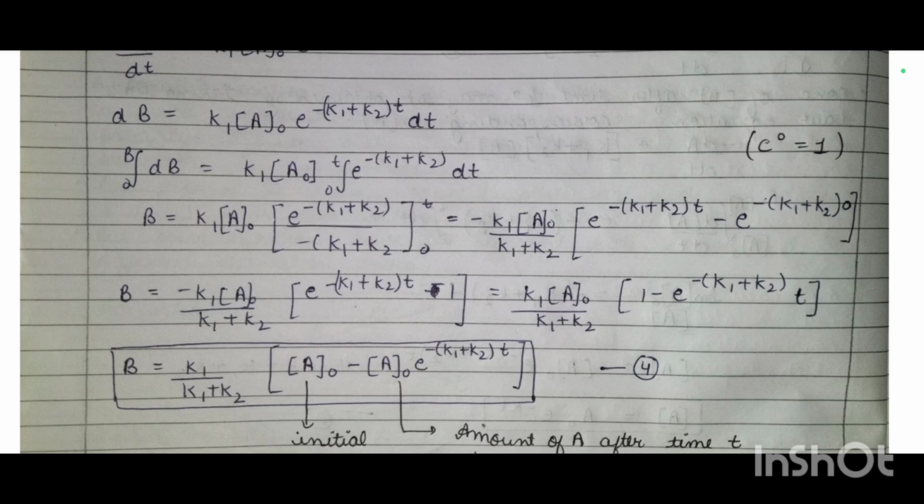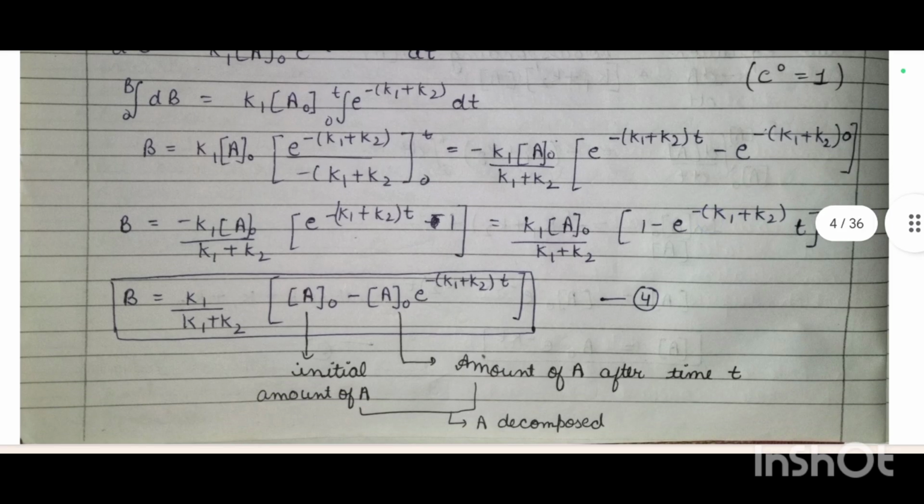So the concentration of B is equal to k1 divided by (k1 plus k2) multiplied by [A naught] minus [A naught] e to the power minus (k1 plus k2) t. So [B] is equal to k1 divided by (k1 plus k2) times the initial amount of A minus the amount of A after time t.